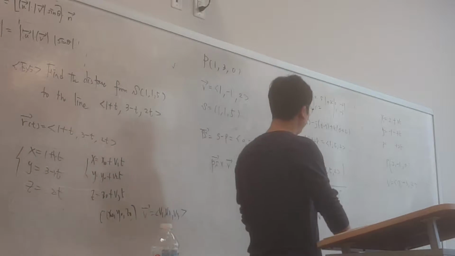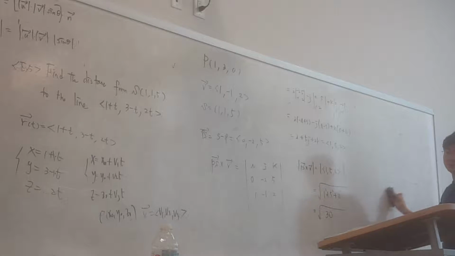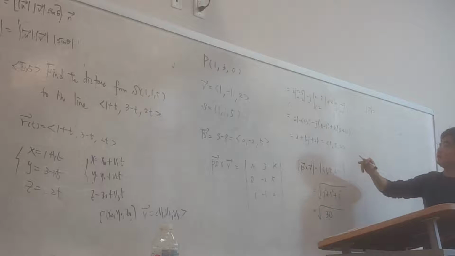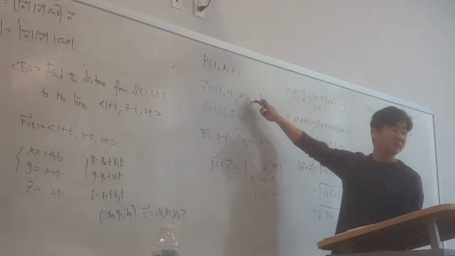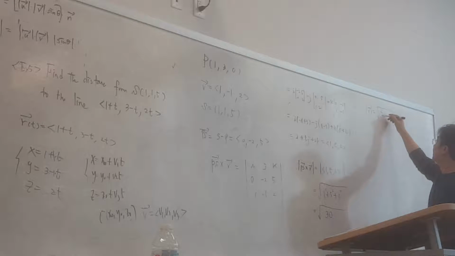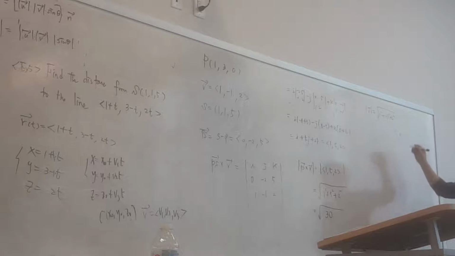So let's find the denominator now. The denominator is the length of the V vector. So the length of the V vector is given by, this one is my V vector, so it will be 1 square plus minus 1 to the square plus 2 square, square root 6, right?